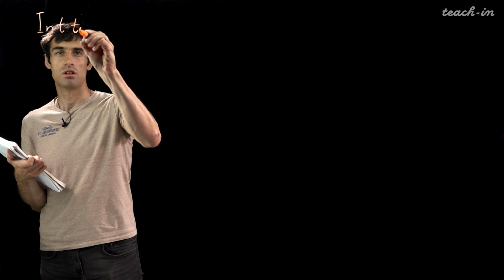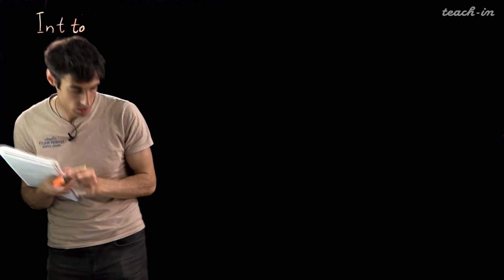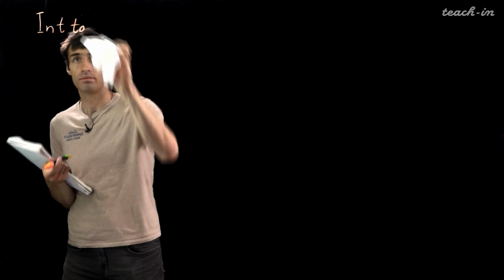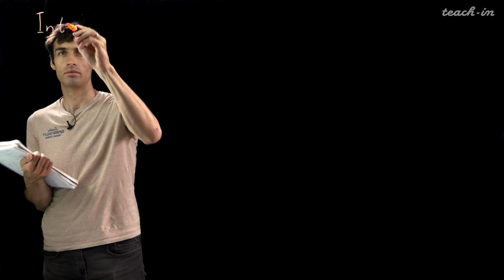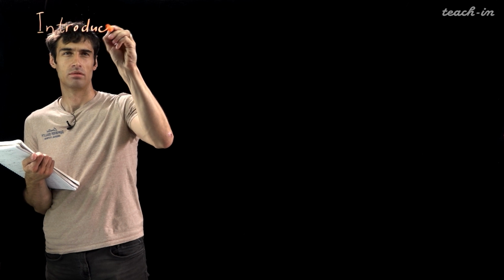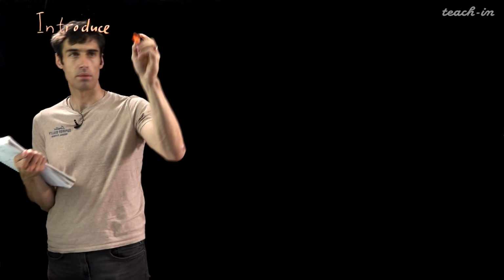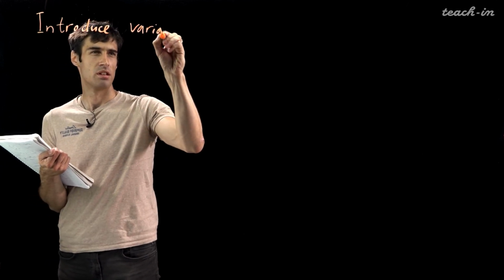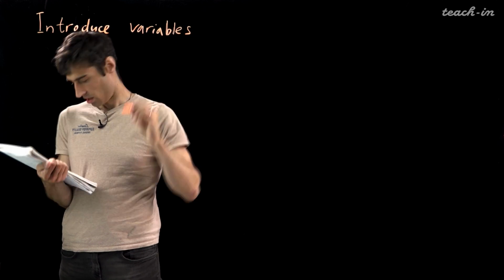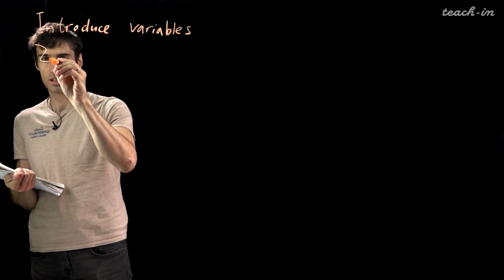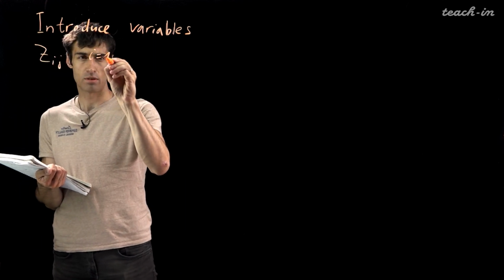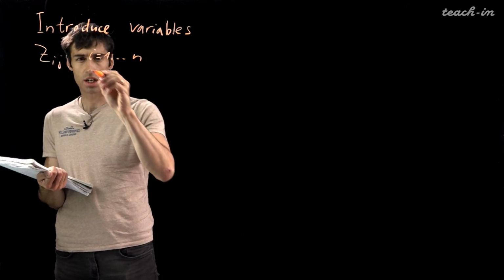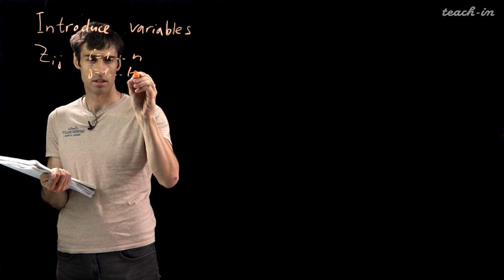So introduce variables Z_ij. Here i runs from 1 to n, and j runs from 1 to k.